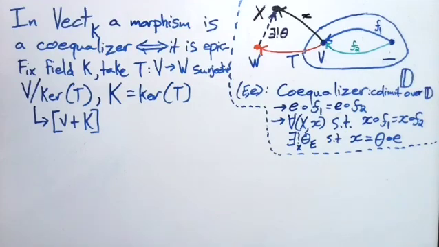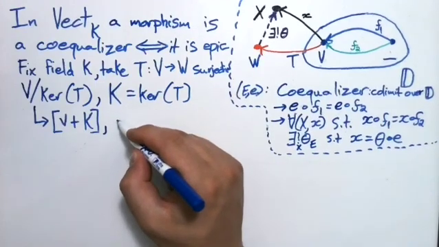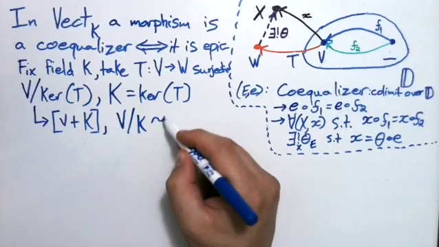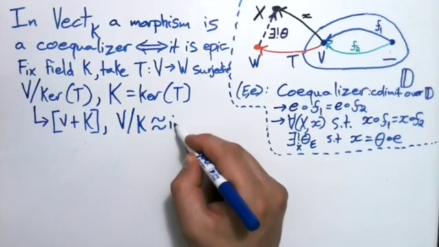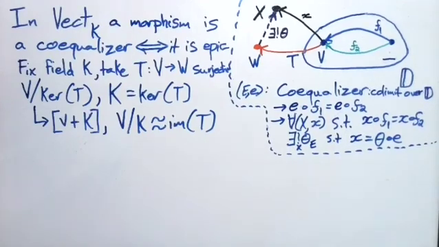But not only that, the first isomorphism theorem tells us that V over K is actually isomorphic to the image of T. Right? That's what the first isomorphism theorem says. For any linear transformation from V to W, the image of T is isomorphic to V divvied up by the kernel of T.